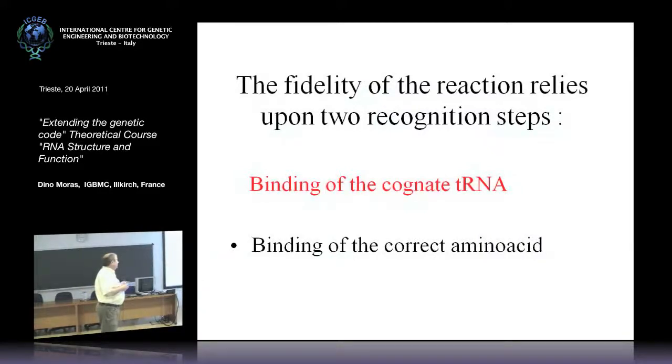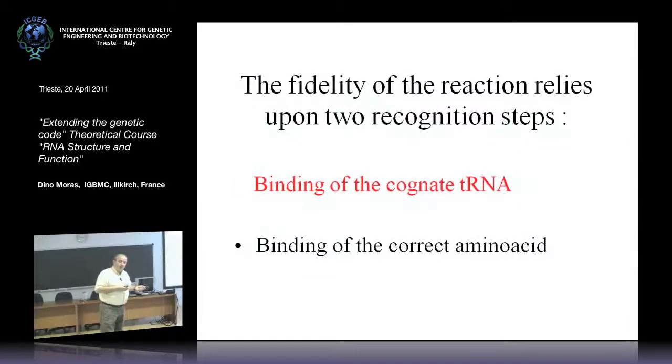Of course, they could be linked in terms of cooperativity, allosteric control, but basically these are two different aspects. You could imagine that you recognize the correct tRNA, and you mischarge the amino acid. Then the tRNA will be mischarged. This happens. It's a mischarge, then you need some proofreading and correction experiment.